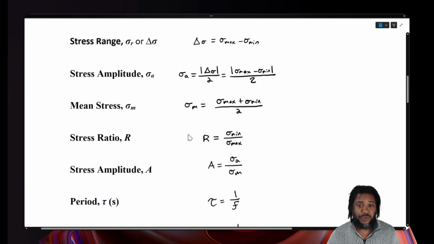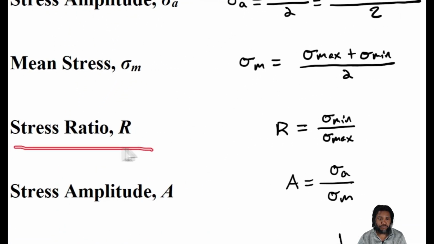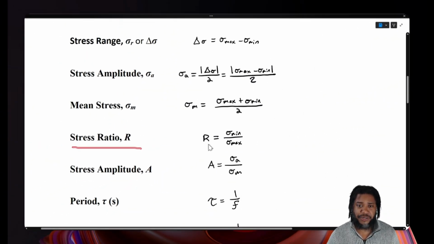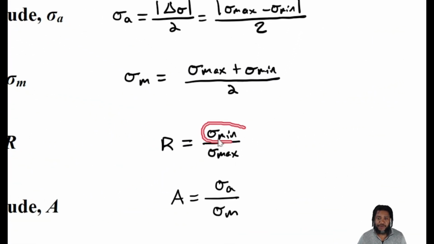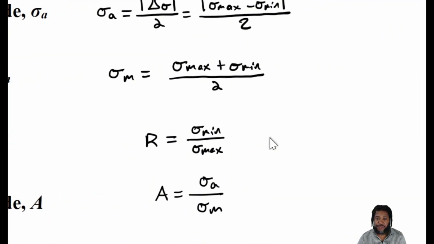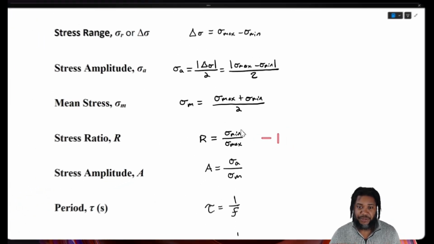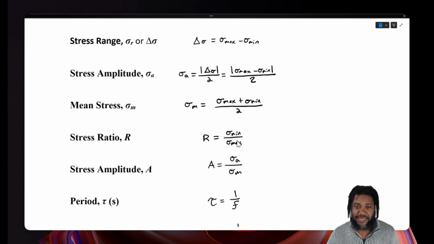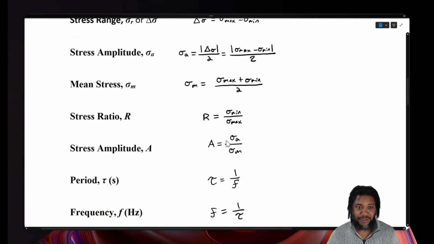Let's start with the stress ratio. The stress ratio, R, is equal to the minimum stress divided by the maximum stress. So if we had a fully reversed case, then R would be equal to -1, because the min and the max are equal to each other but have opposite signs, right? One's in compression, the other's in tension.